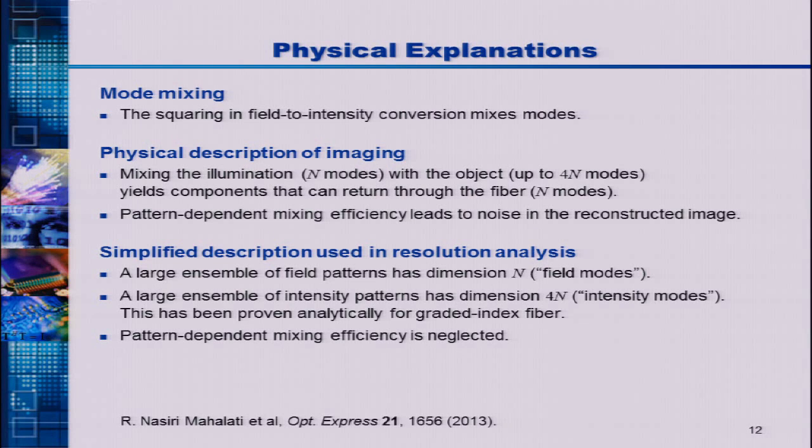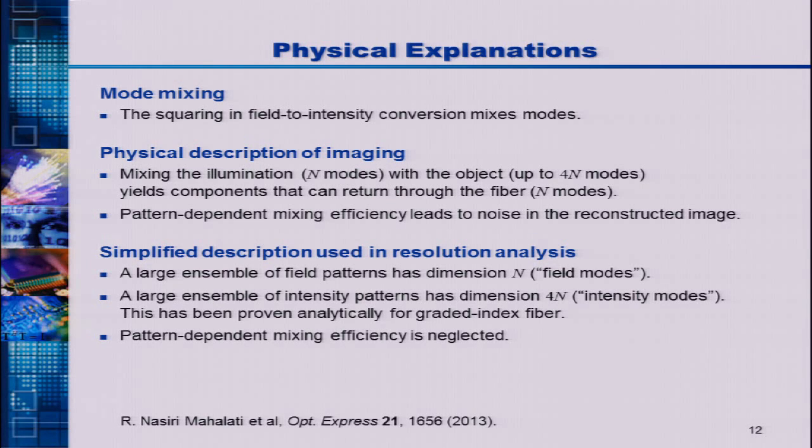So the physical explanation of how this works is based on mode mixing. It's really an instance of incoherent imaging, which gives you twice the highest spatial frequency content. So when you square a field pattern to produce an intensity pattern, you're mixing modes. Just like if you square a sine wave, you get twice the frequency.